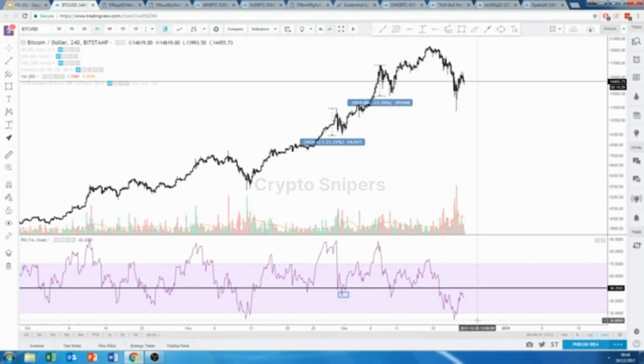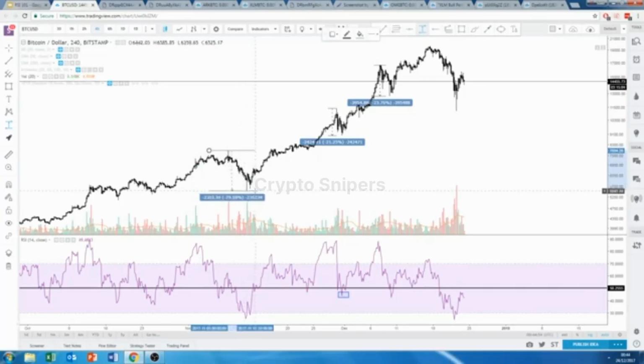This breach took us to oversold levels, much like this one, and let's compare them. Level generally holds, 21%. Level generally holds, 23%. Level completely violated. Let's go from this high down here. Closer to 30%.